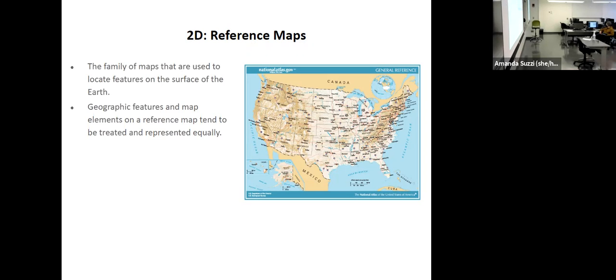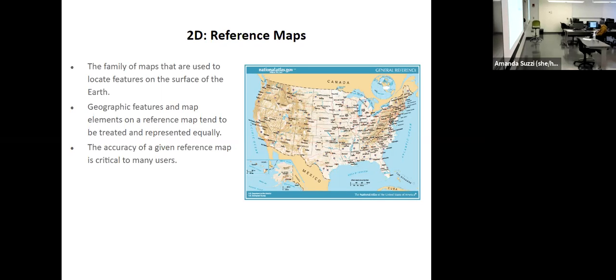Okay, so there's reference maps. They reference things. So it helps you locate things like towns and states. They're supposed to be highly accurate.